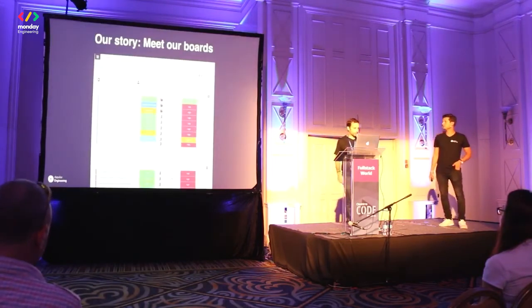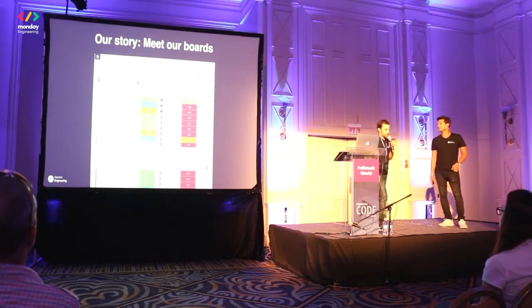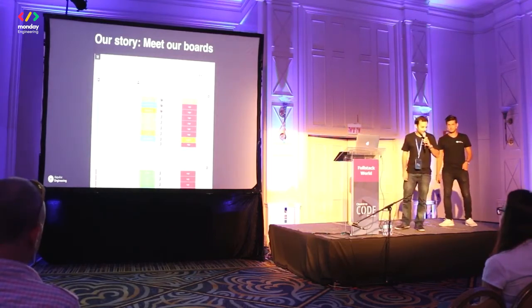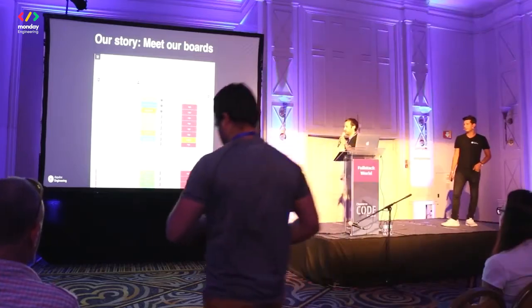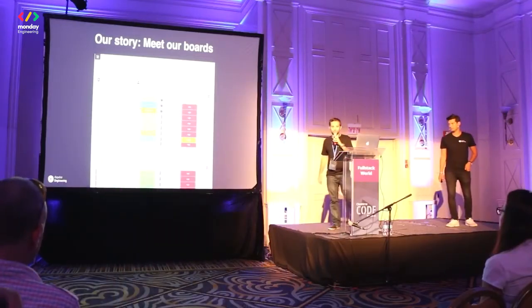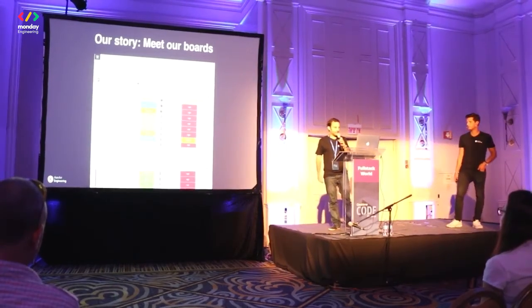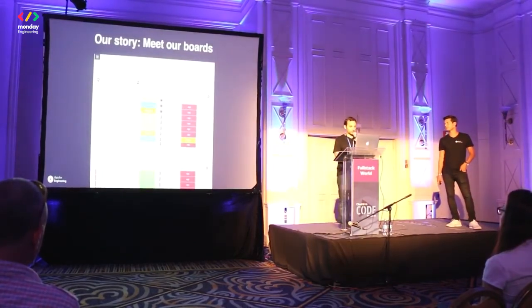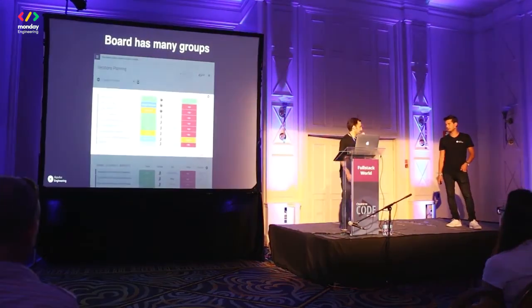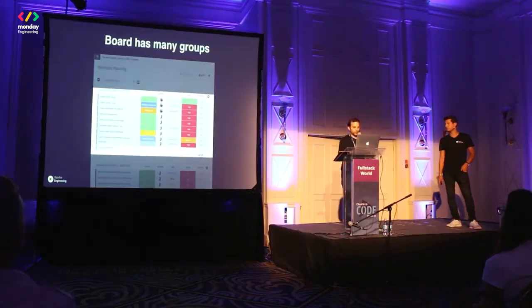Okay, so this is how the Pulse board looks. This example is our iteration board that we use in order to plan and execute our work in R&D. Each board in Pulse is comprised of groups, and inside each group we have what we call a pulse.